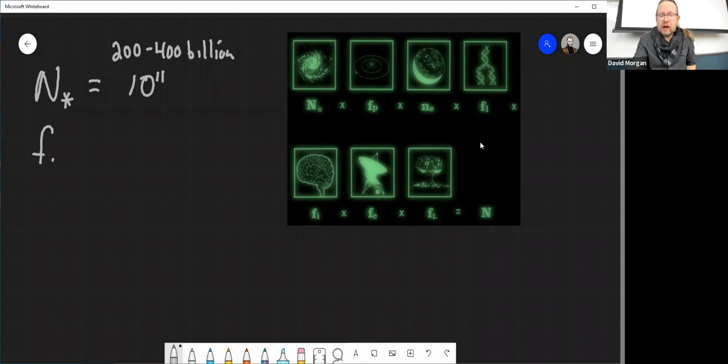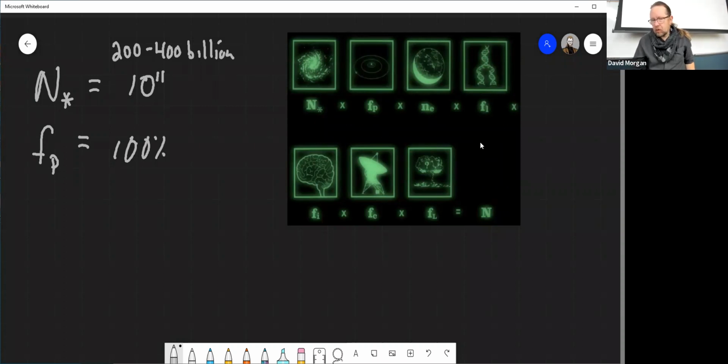What fraction of stars have a planetary system associated with them? That number is looking pretty big. Kepler and TESS are finding planetary systems of some sort around most of the stars that they look at. So I'm tempted to use a number close to 100% for this.